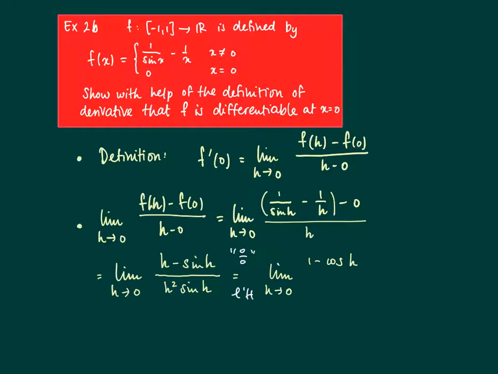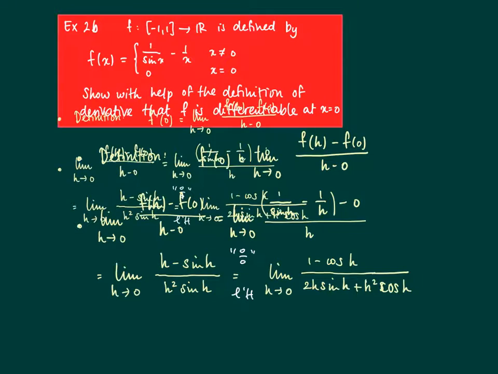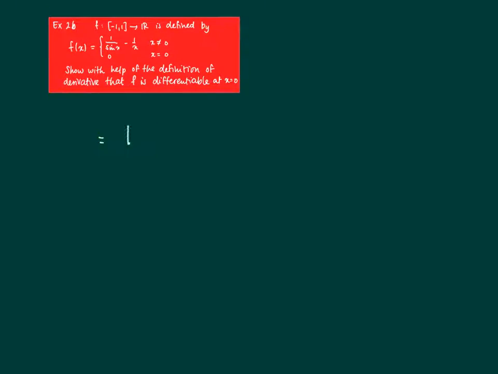So we get a limit of h to 0 of the derivative of the numerator, which is 1 minus the cosine of h, divided by 2h sin h plus h squared times the cosine of h. Okay, let's continue.